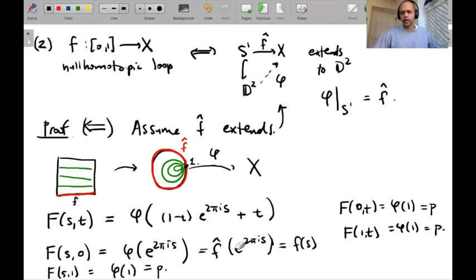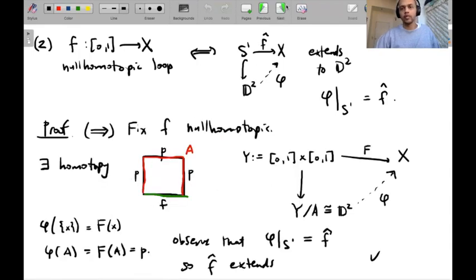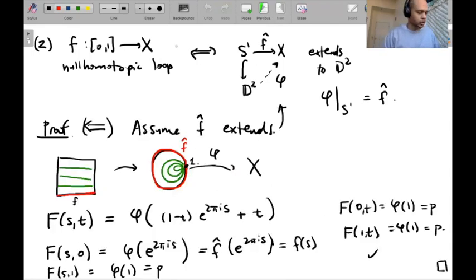Okay, so this homotopy does exactly what we want. It's a homotopy between f and the constant map at time 1. And this is the picture for how to think about it. Okay, so this proves this second observation.